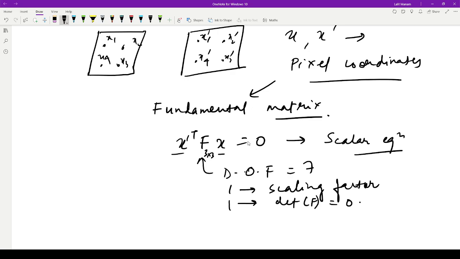So given this, when x and x prime are in pixel coordinates, you can compute the fundamental matrix.